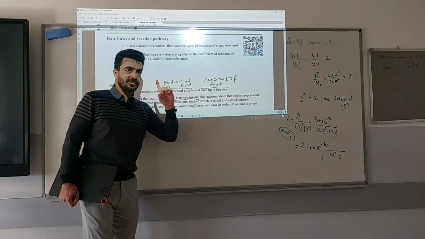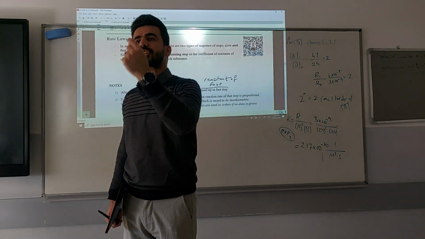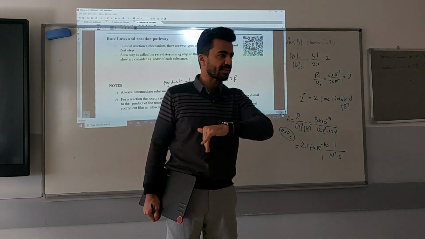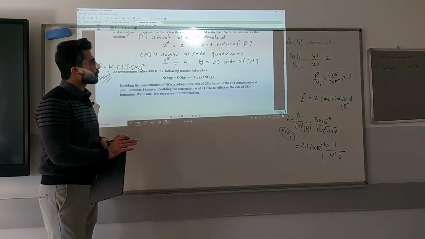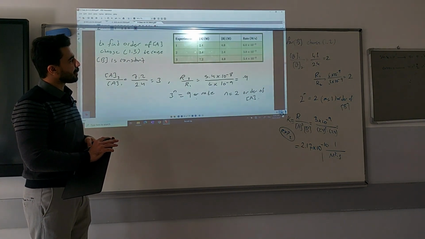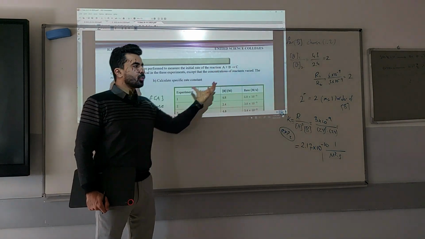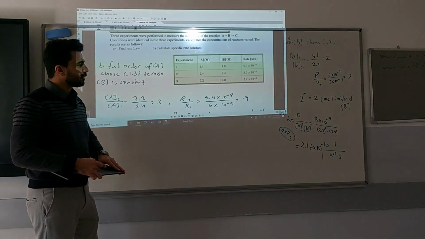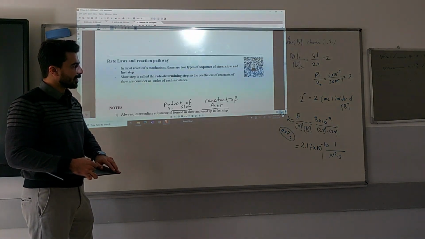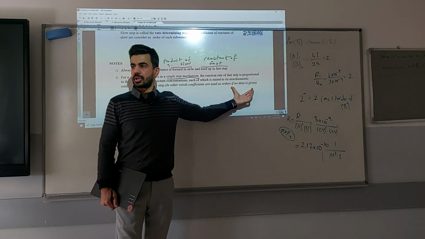What do we mean by this? Guys, if after this, the question says we have a reaction, it's one step, so no slow, no fast, and no data, no information is given. Look at the previous examples. The reaction is one step, but we found the order by using the data, right? What if there is no data? What if nothing is given?